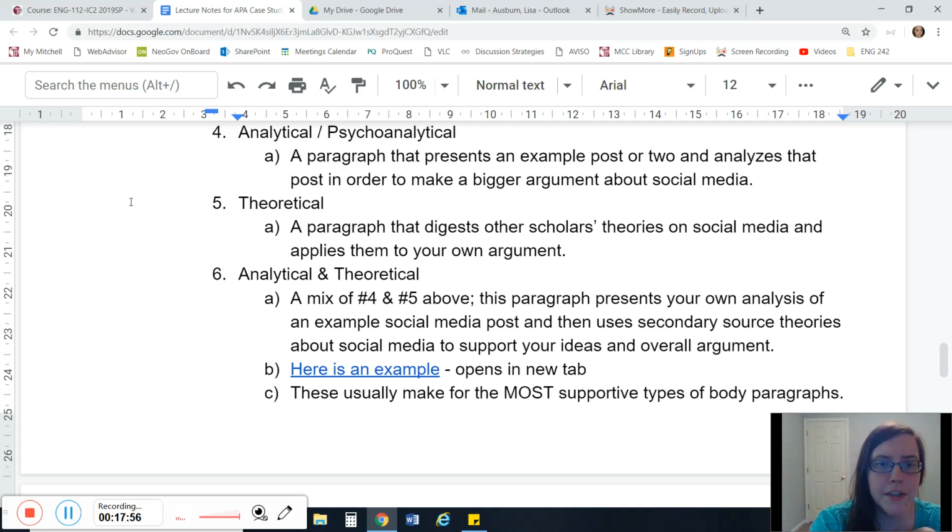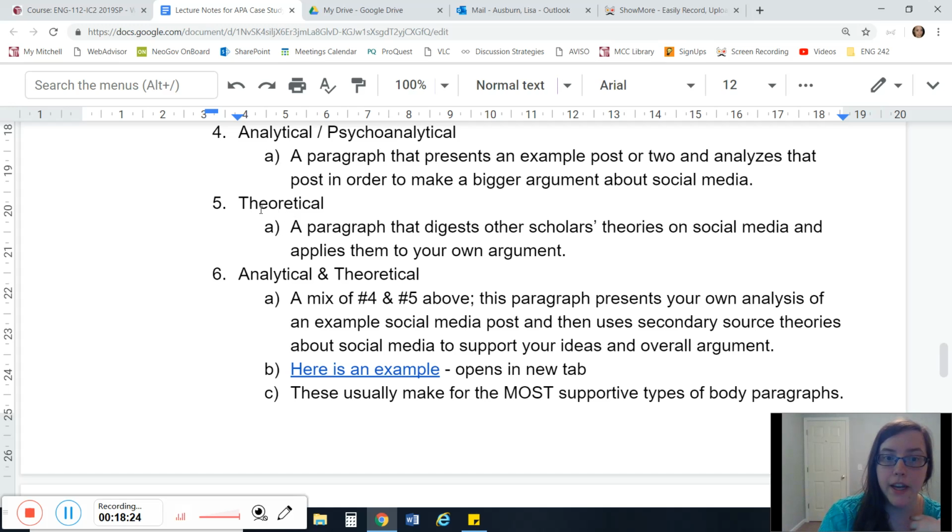And number 5 is theoretical. So you also might find that a paragraph just talking about other scholars' theories and using them, applying someone else's scholarly theory about social media to your own argument and to your own claim and case study, might be really effective. Some people, depending on their case study and their argument, are going to rely heavily on primary sources.